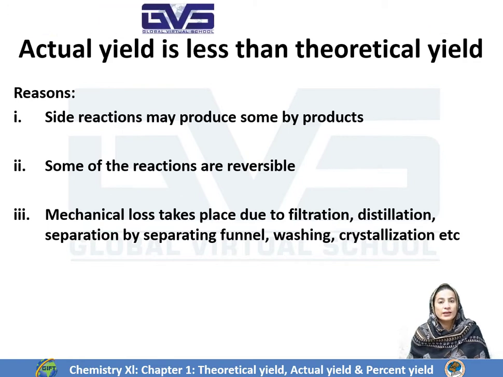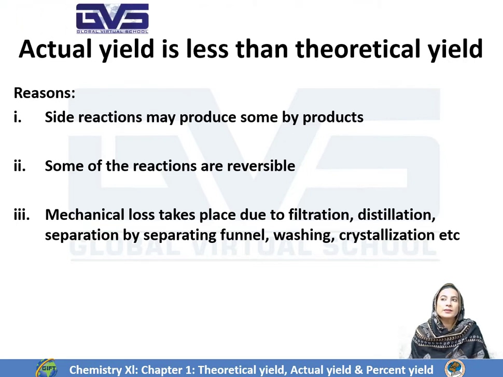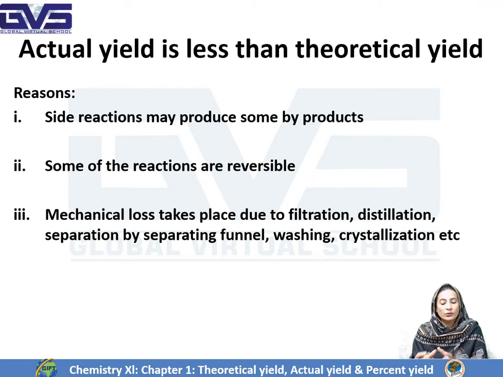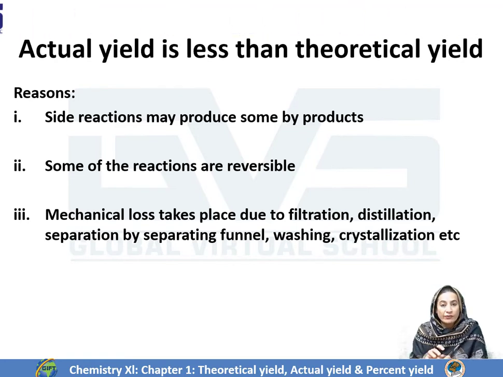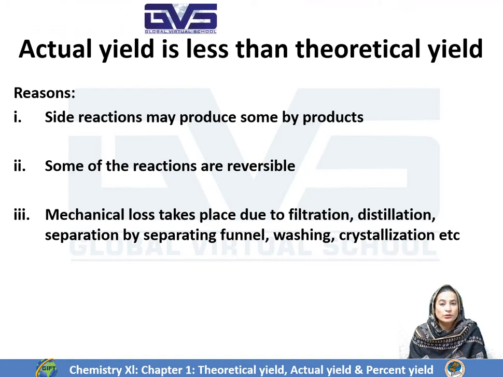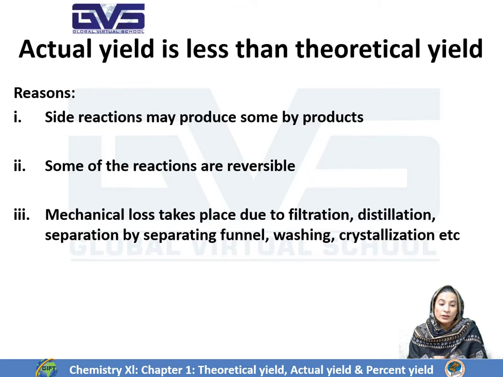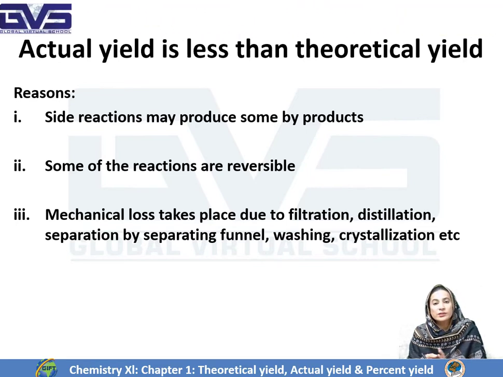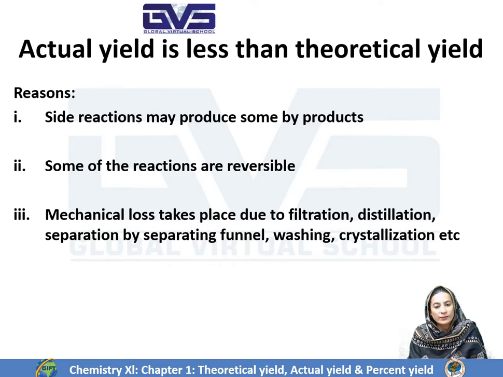There is also mechanical loss. Mechanical loss means, in a very simple example, if you form the cake, you pour the cake into a pan, then you take out the cake, and some of the cake is left in the pan. That is a mechanical loss. Similarly, mechanical loss may be due to filtering some product or distilling the product, or if you separate by a separating funnel, some is left on the separating funnel, some is left on the filter paper.